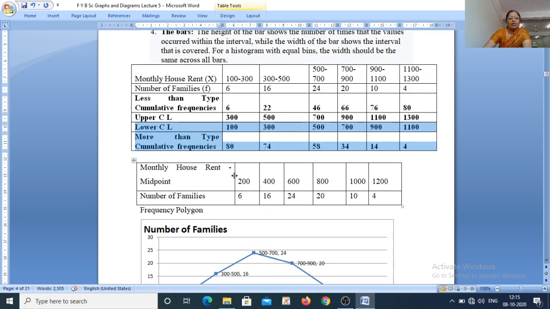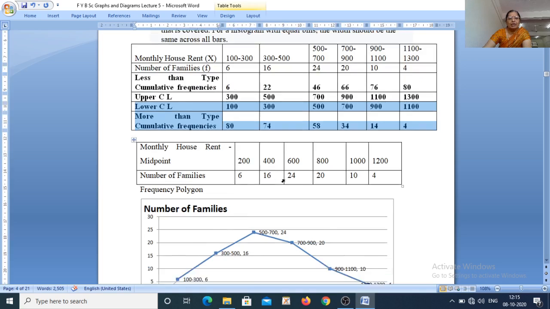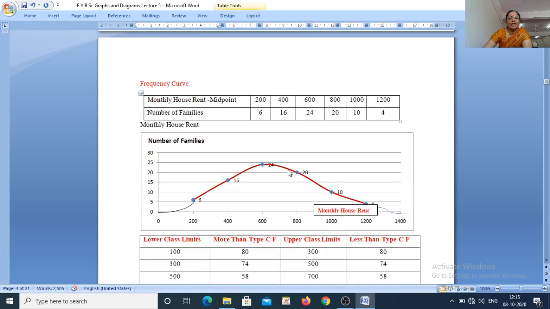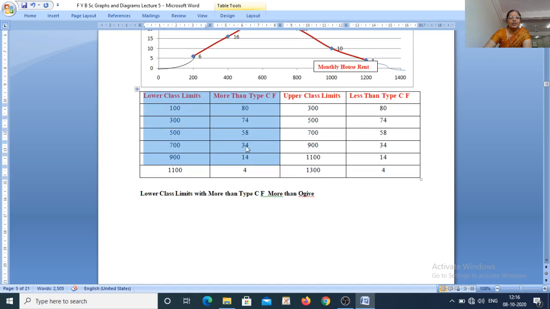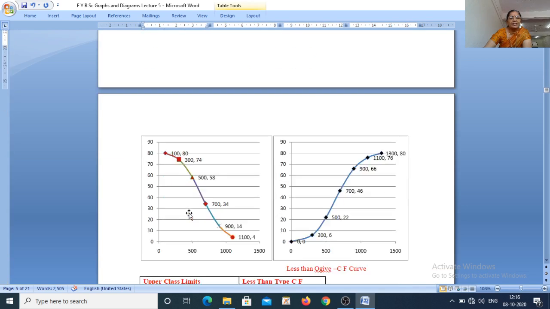So in this way, one can obtain the less than Ogive and the more than Ogive. Here you can see that lower class limits are plotted with more than type cumulative frequency, and the graph is like this.